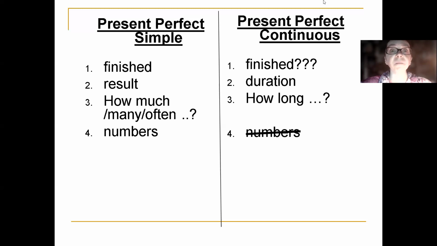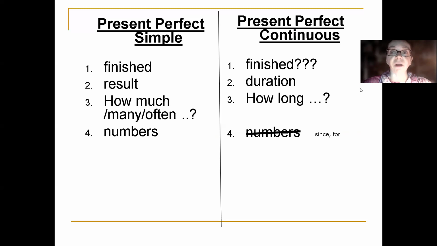Whereas with the present perfect continuous, we don't use numbers except with since and for. I have been waiting for you for 2 hours. I have been doing my homework since 4 o'clock.